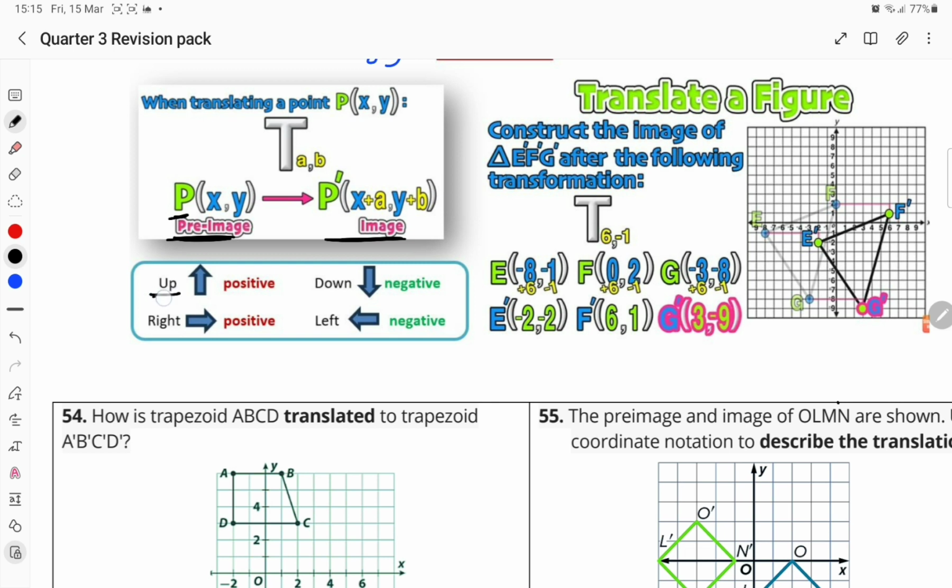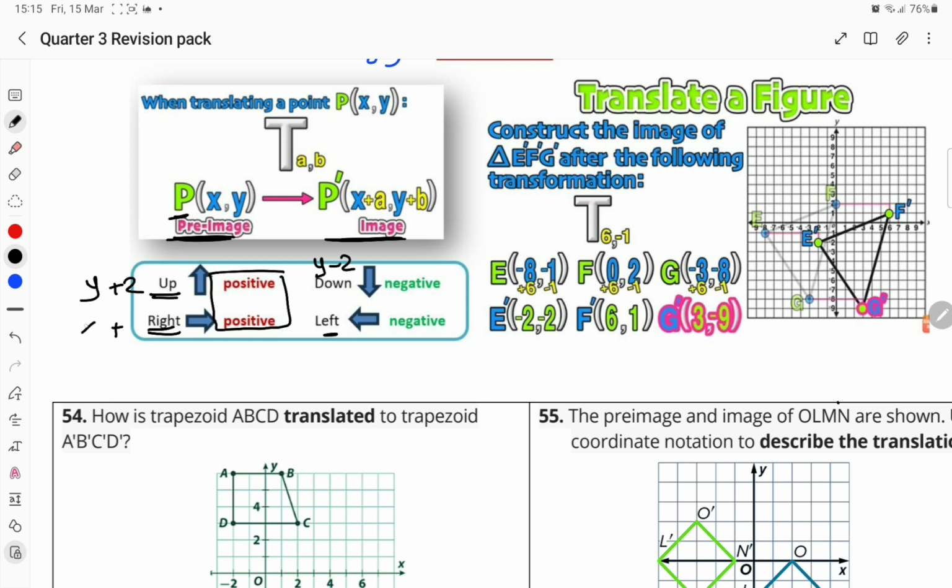So if I said up or right, both are positive. Up 2 steps, so add 2 steps for the y. Up and down for the y. Down, so down 2 steps, so the y minus 2. Right and left, right is positive, left is negative.